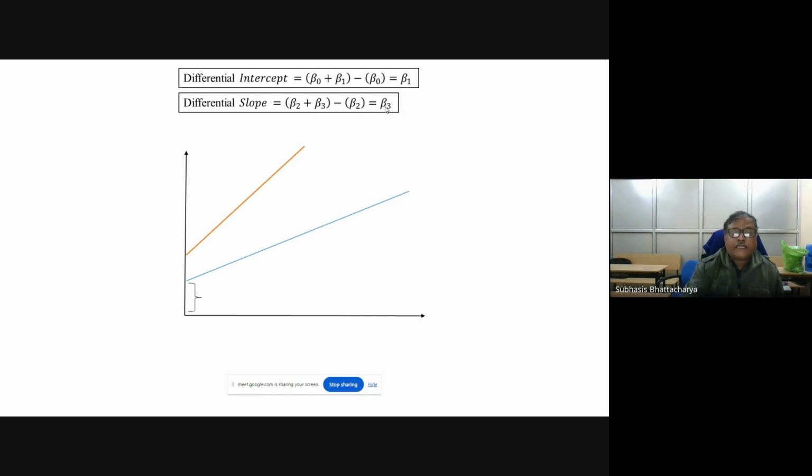The intercept for the female category is beta 0, and the intercept for the male category is beta 0 plus beta 1, and the slopes of the two are beta 2 and beta 2 plus beta 3.